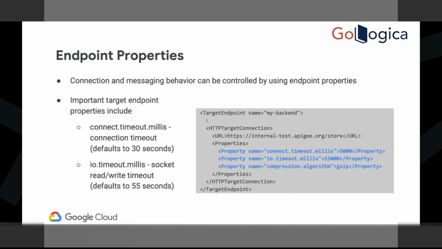Another one is the IO timeout. IO is from request to response. When you send the request to the backend, from the time you send it until you finally get the response, the default is 55 seconds.